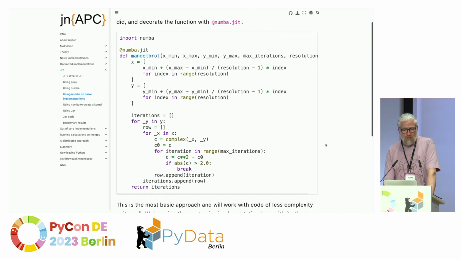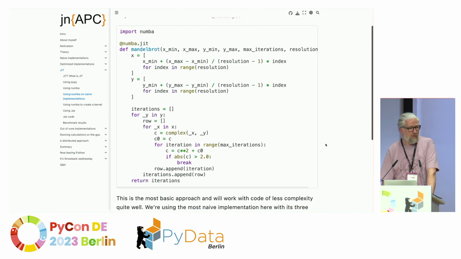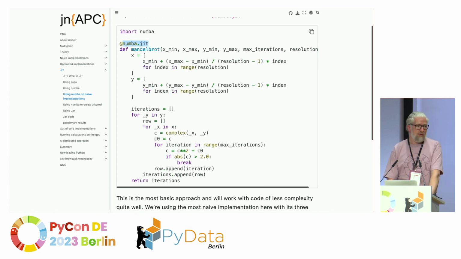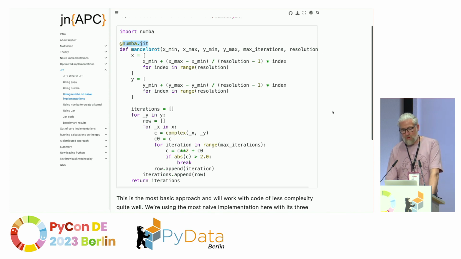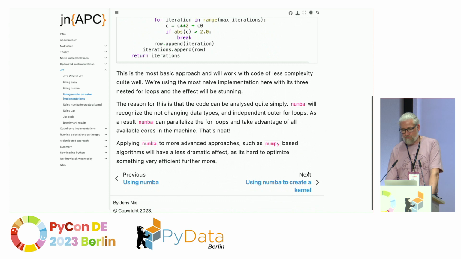And things do not change a lot. So this is the naive implementation that we had already with the 3 nested for loops, this ugly thing. And all you need to do to accelerate it is to decorate it using Numba. And that will give you a significant speed up, as we'll see in a moment.